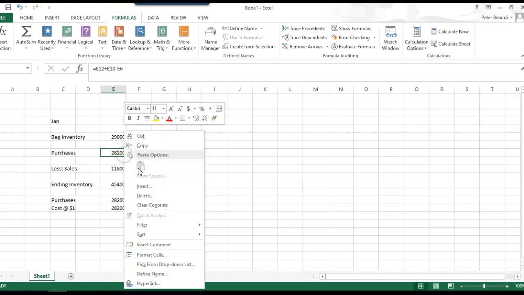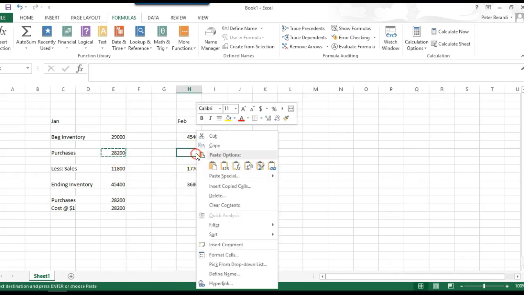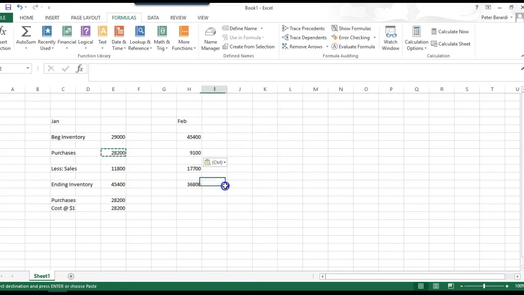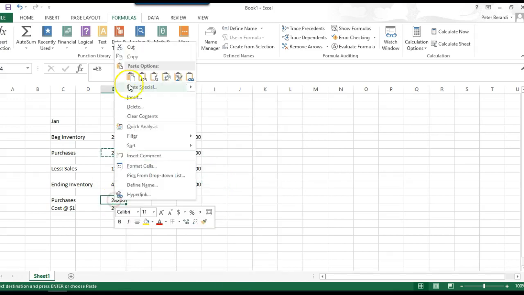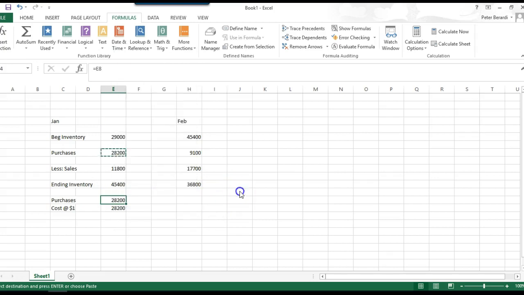Purchases, we'll just copy this formula over, will be 9,100. At $1 equals the same 9,100.